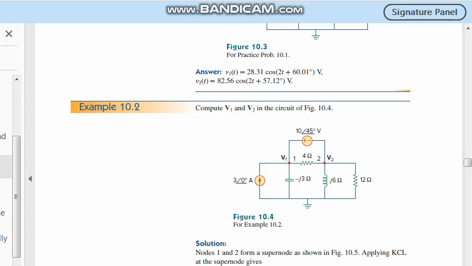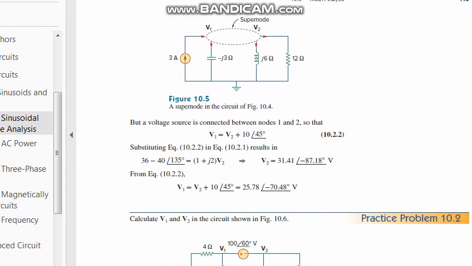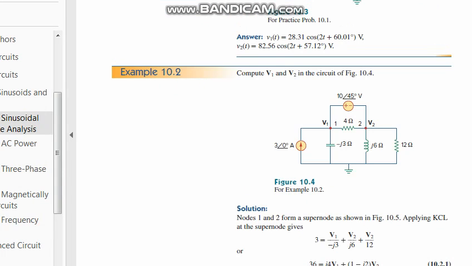You can see here in example 10.2, you have to solve the supernode equation, computing V1 and V2 in the following circuit.